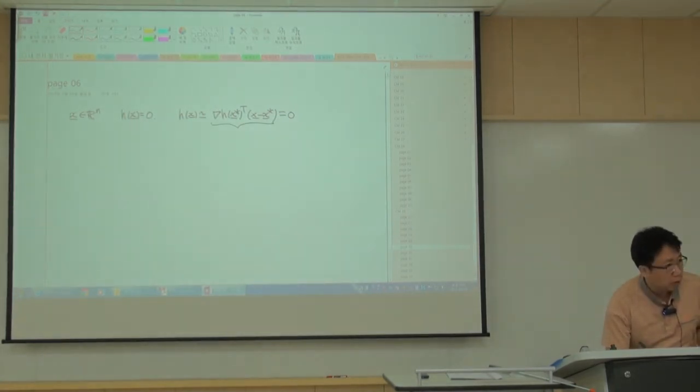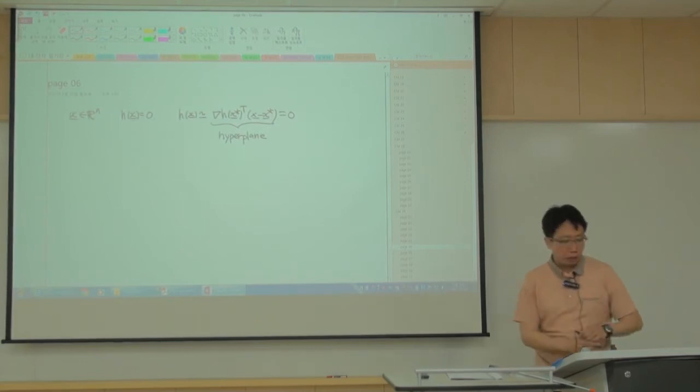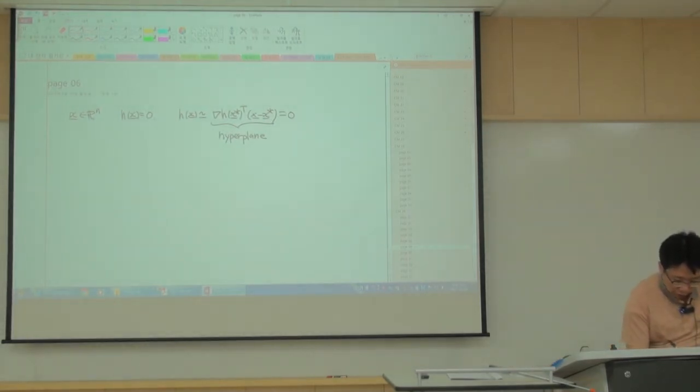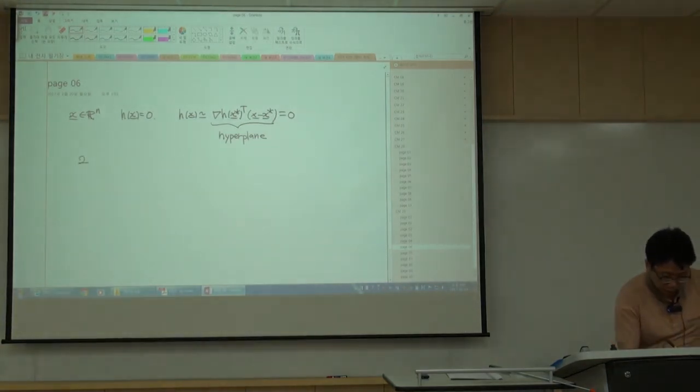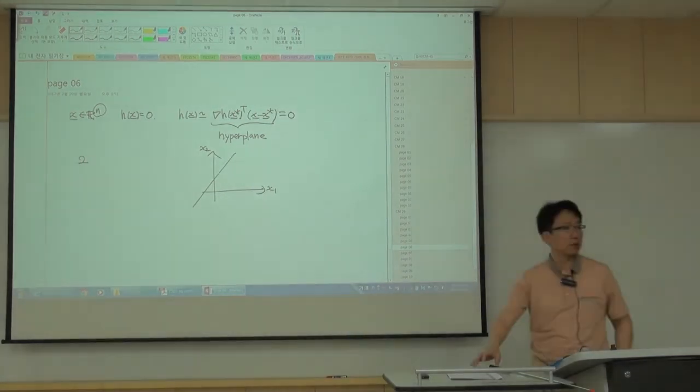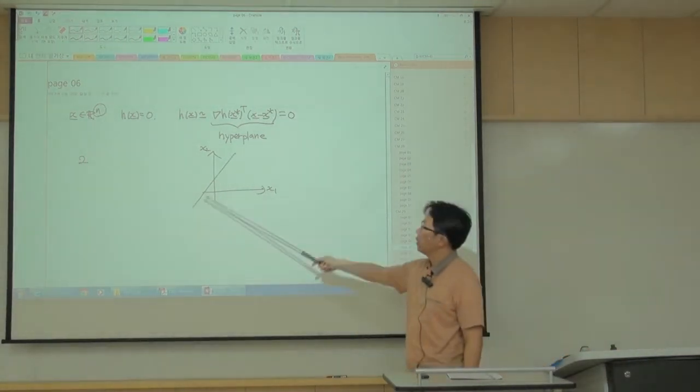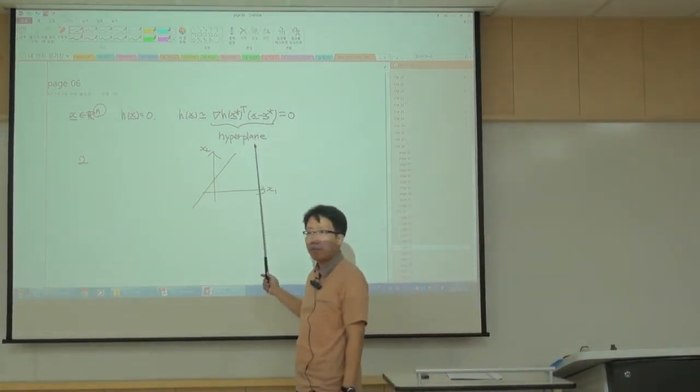This is in general a hyperplane. Okay. By the way, in two-dimensional case, so n equals 2, what do we have? Something like this, right? So straight line is a hyperplane.